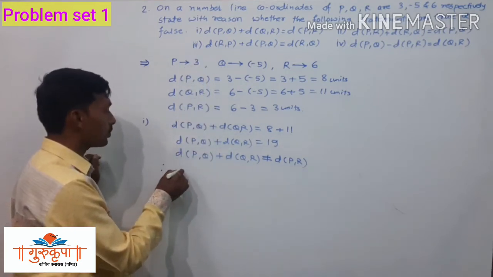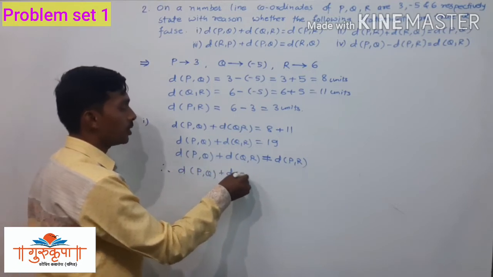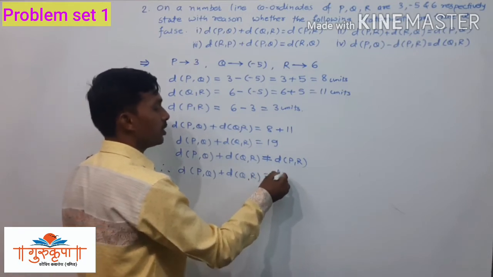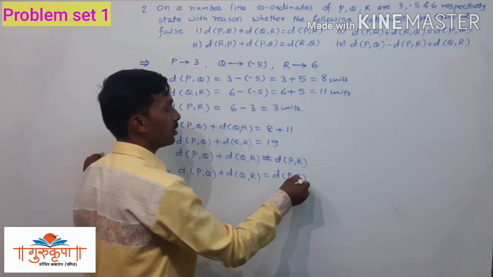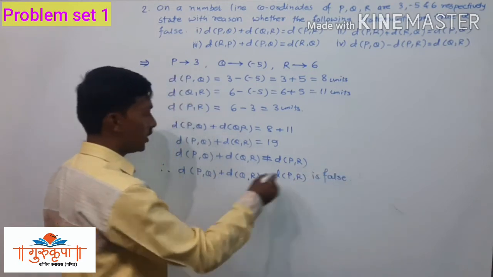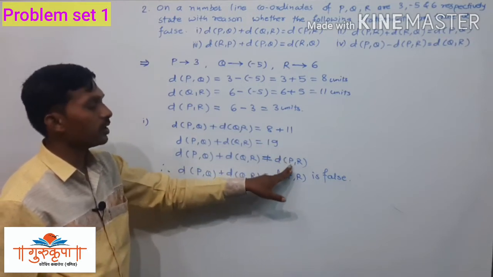Therefore distance PQ plus distance QR is equal to distance PR is false. This statement is false. Why is this false? Since PQ plus QR is not equal to PR.